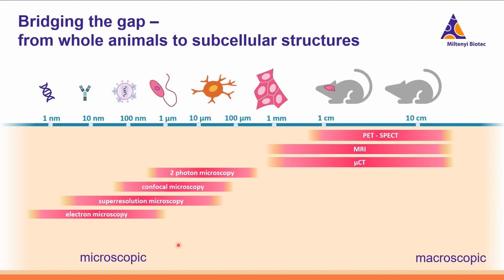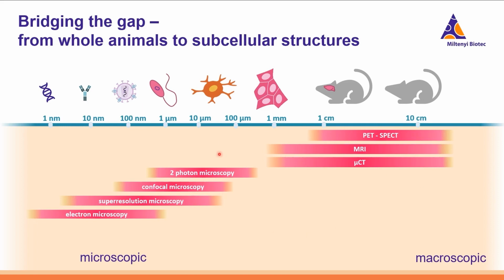There are different means of imaging for different sizes of structures. For very small ones, we may use electron microscope or confocal microscope, for example, for tissue slices, or two-photon microscope. When it comes to bigger tissues or the whole animal, we may need micro CT or MRI or PET scan.